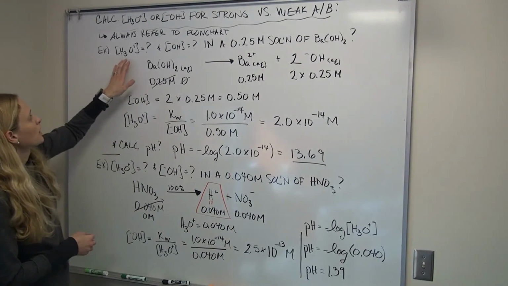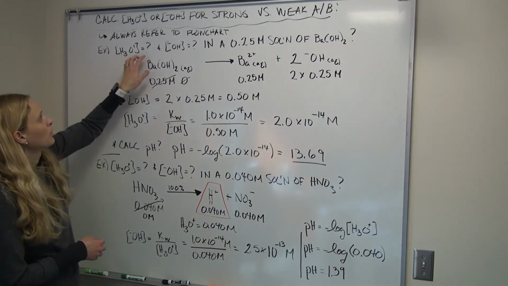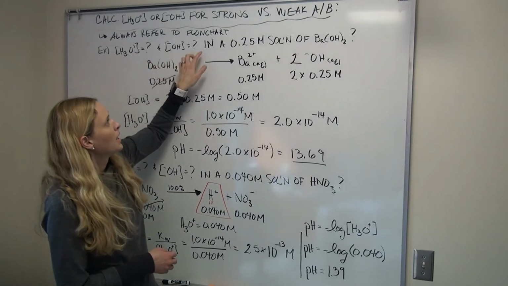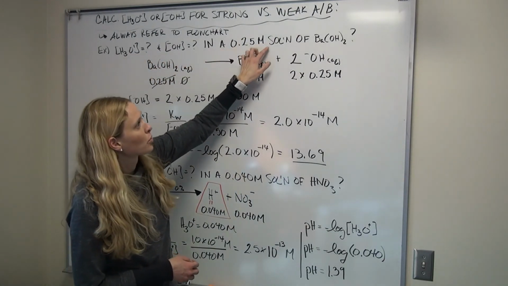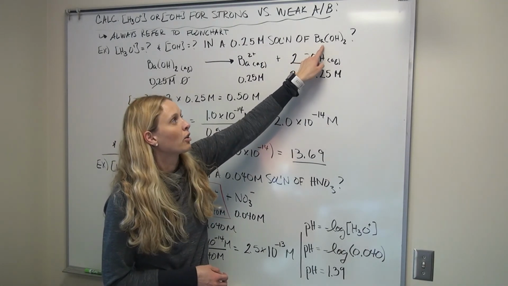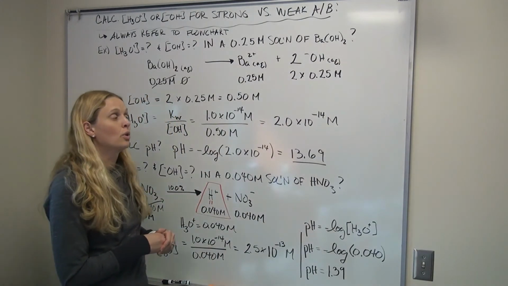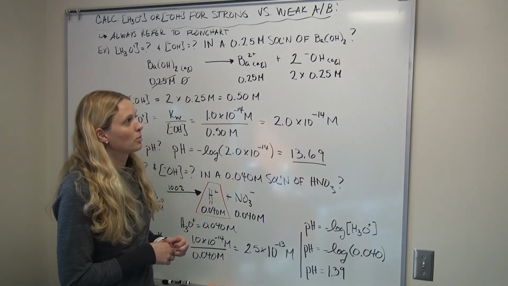Okay, so the first question here says, what is the concentration of H3O plus and what is the concentration of hydroxide ion in a 0.25 molar solution of, and the word might be written out for the chemical compound. It might say barium hydroxide. So if this is barium hydroxide, then you would also have to write the formula for that before you would solve it.